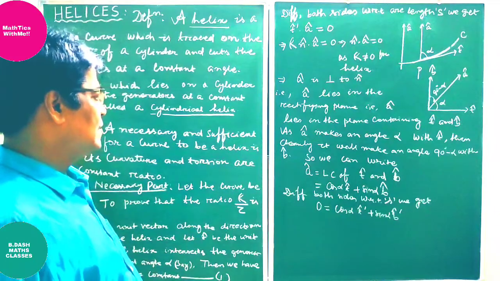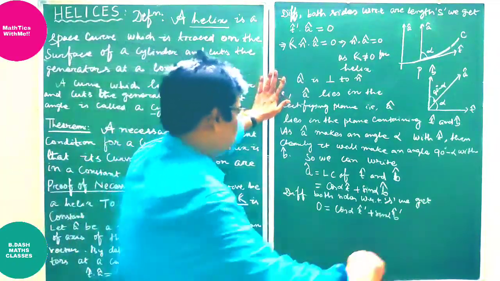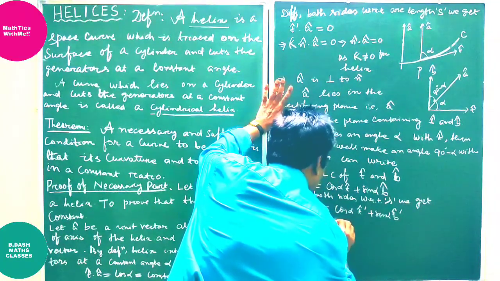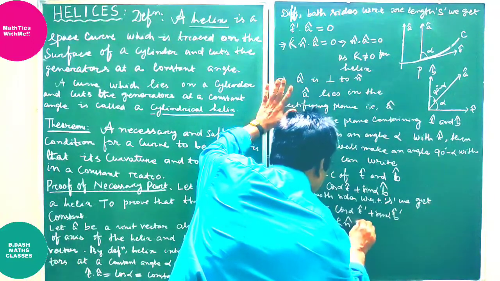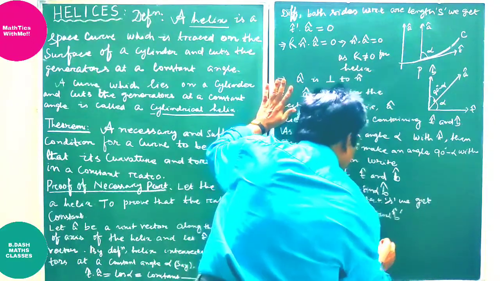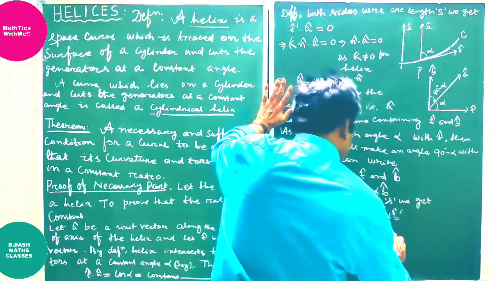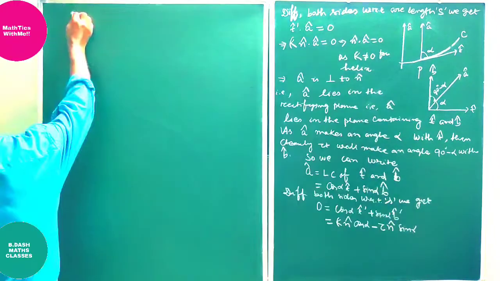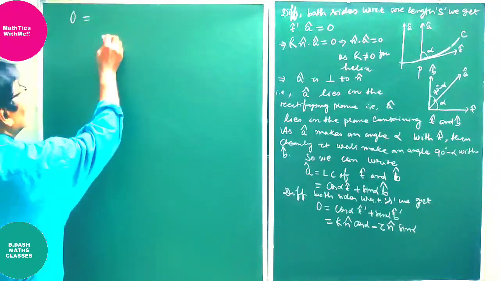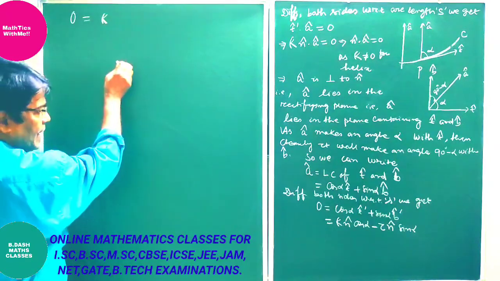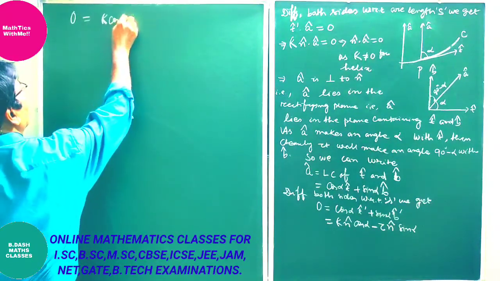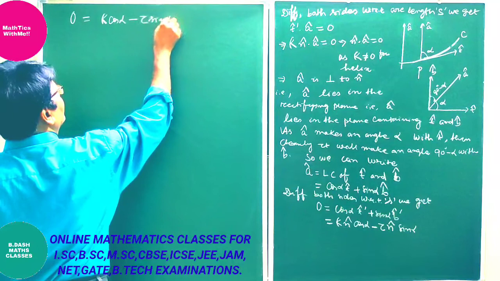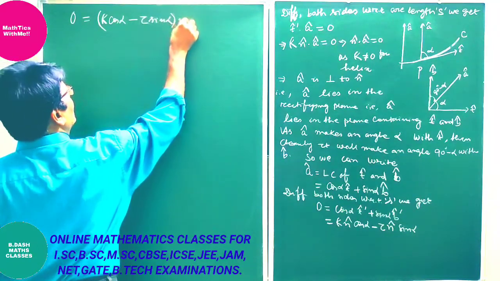By Serret-Frenet formula, t cap dash is equal to kappa n cap, and b cap dash is equal to minus tau n cap. So 0 is equal to kappa cos alpha minus tau sin alpha into n cap.